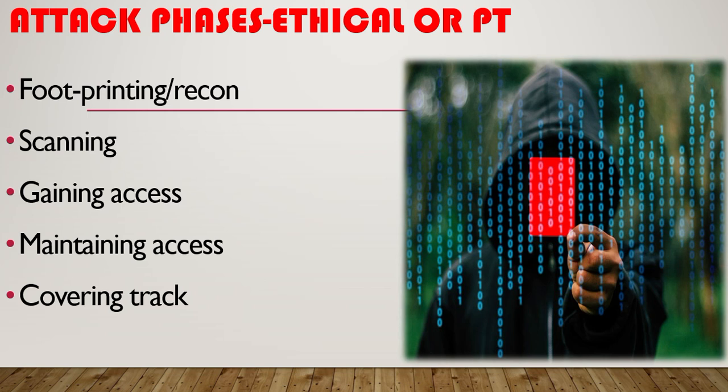For that purpose, they have to clear the tracks as well. That is really important so they are not caught, and then the attacker can maintain persistent availability in the target system and finish their goal.